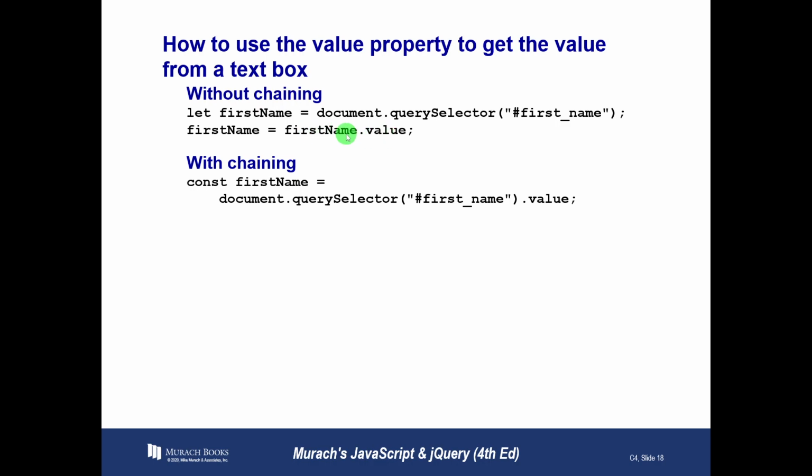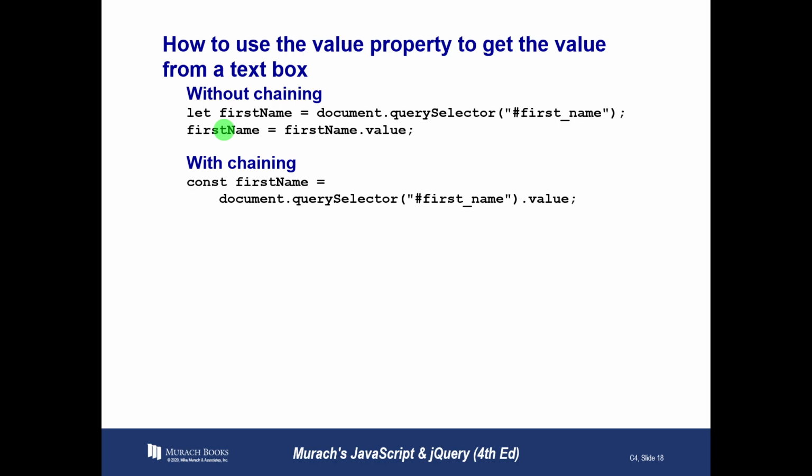We're pulling out its value and storing just the value of the text box back in the same variable of first name. So it's kind of 2 steps there: find the object and then pull its value out. And both times we're putting the result in first name. The first time, that's a reference to the text box itself. Then we're taking the value of the text box and storing it back in the same variable.